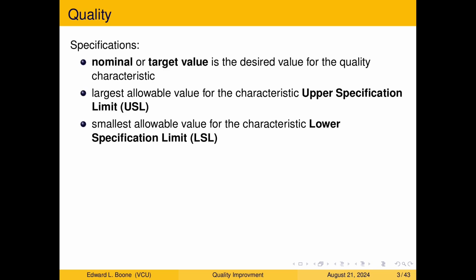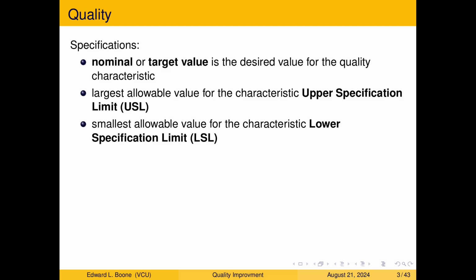There's going to be what's called the nominal or target value. This is the desired value for the quality characteristic. So if they tell you that your tire pressure is supposed to be 35 PSI, well, that's the target. But it's hard to hit exactly 35 pounds of pressure, so there's an upper specification.